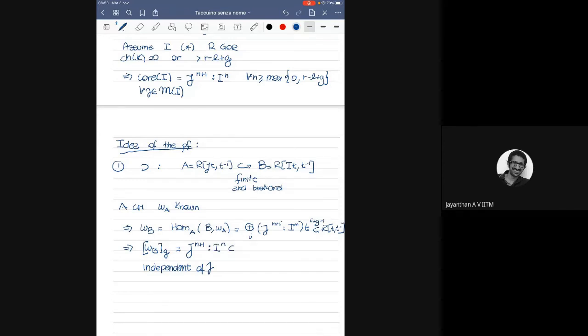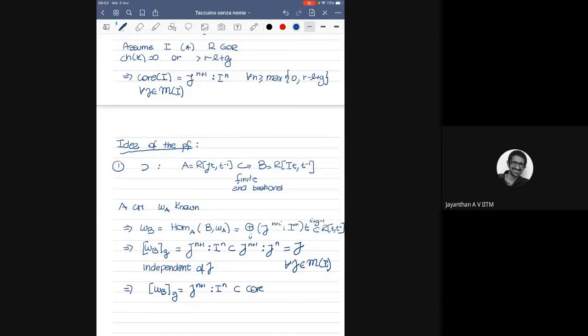But this is contained in J^(n+1) colon J^n because J is contained in I. But this is equal to J^n because the associated graded ring of J is Cohen-Macaulay for every J which is a minimal reduction of I. And this doesn't depend on J, so this tells us that this is contained in every J, so it's contained in the core.